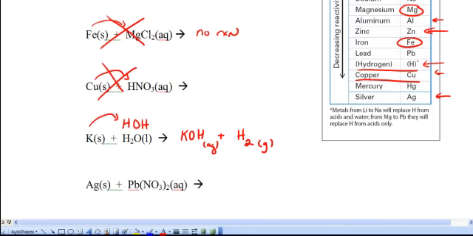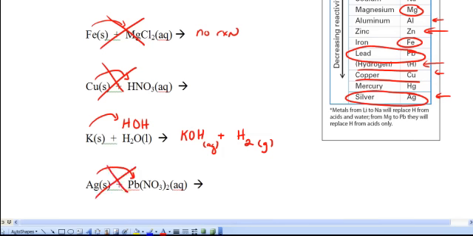And scrolling down, last one, we have silver trying to replace the lead in lead nitrate. Well, silver, once again, is all the way at the bottom. And most of the time, silver is not going to be able to replace anything, including lead, which is more active than the silver. So if the silver tries to replace that, that in fact will not occur.